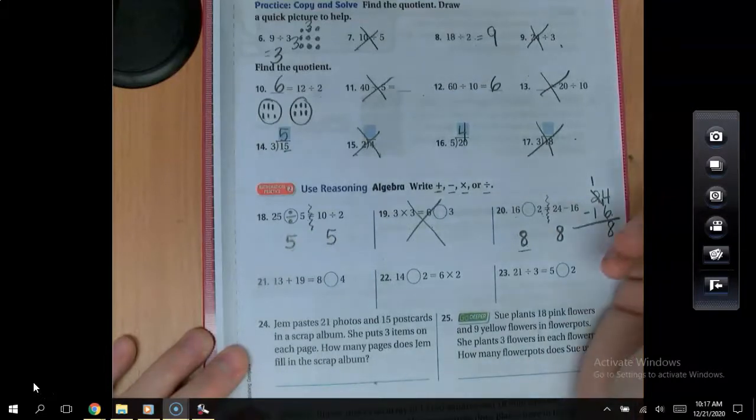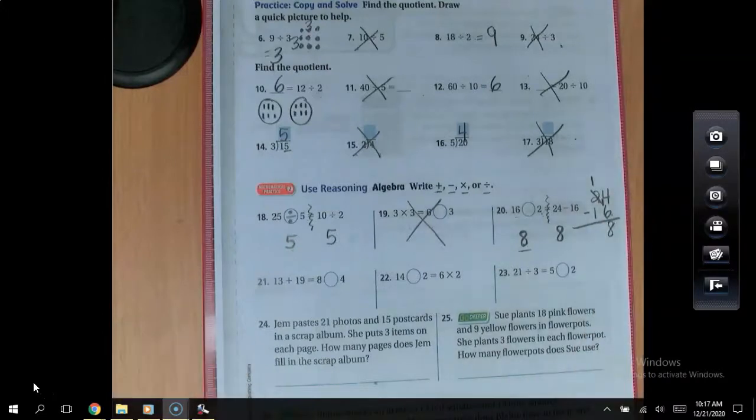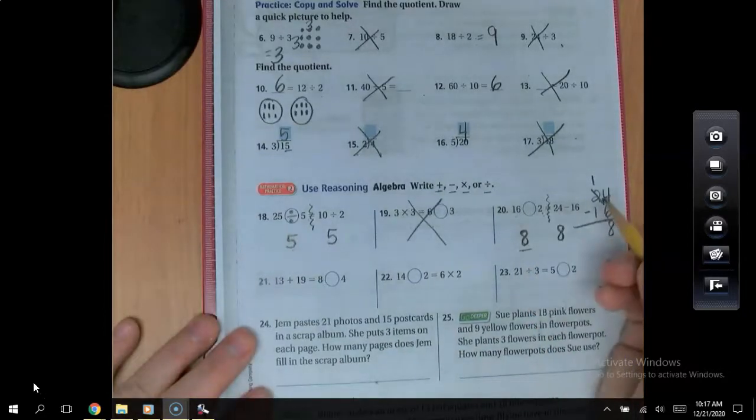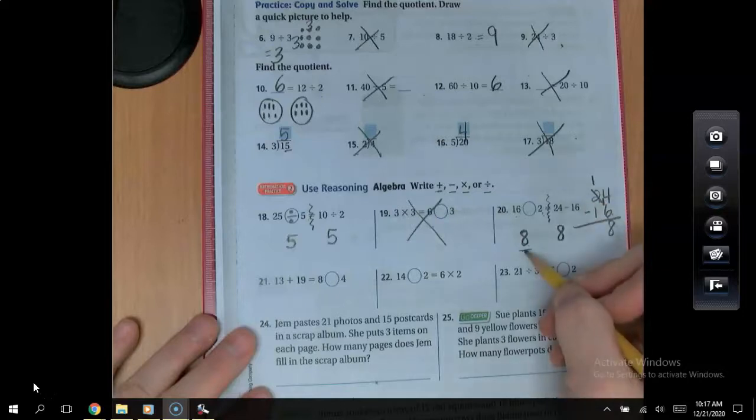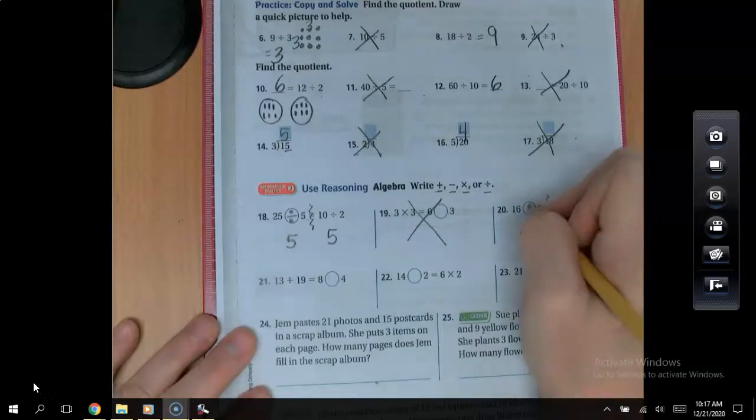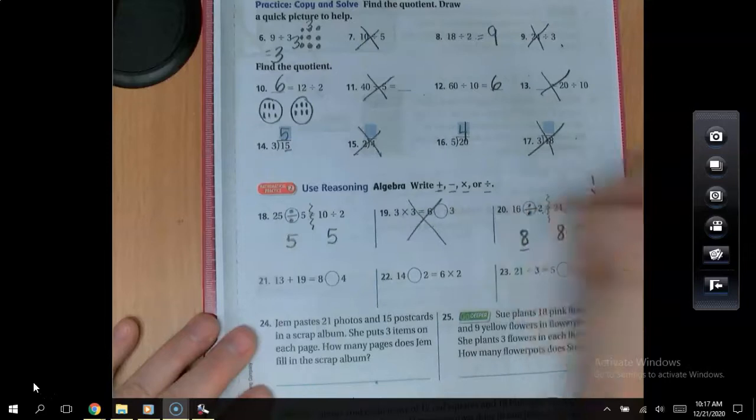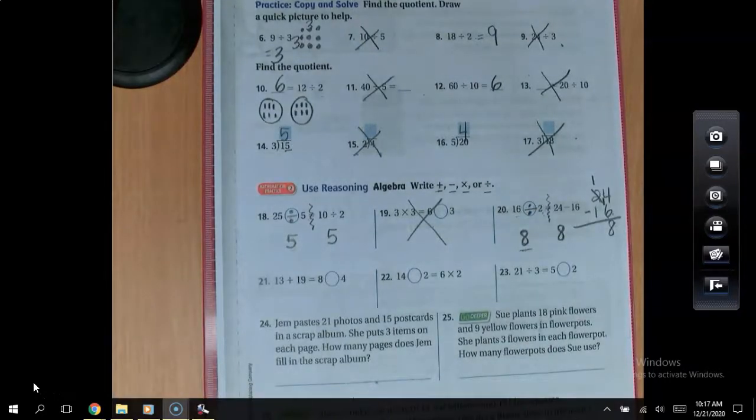So it's either going to be subtraction or division, because when we subtract, when we divide, my answer gets smaller. So what is 16 minus 2? Well, that's 14. I need to get to 8. So if it's not addition, it's not multiplication, and it's not subtraction, what is it? Division. Go ahead and put that dividing sign in there.